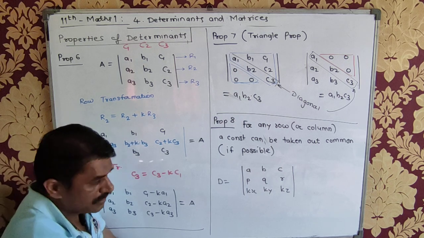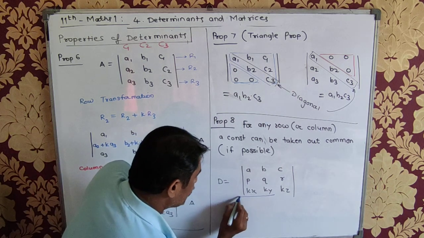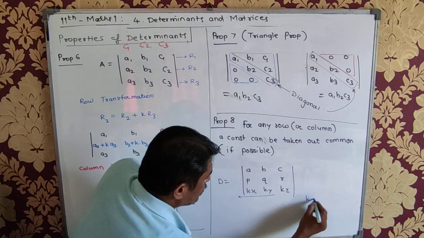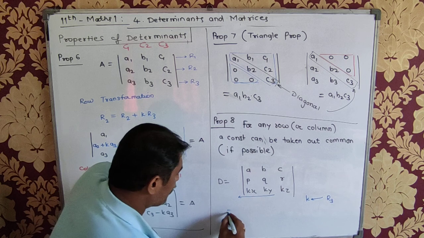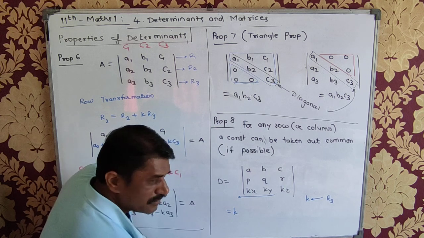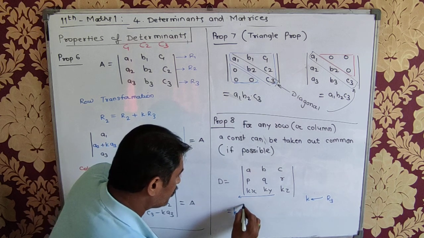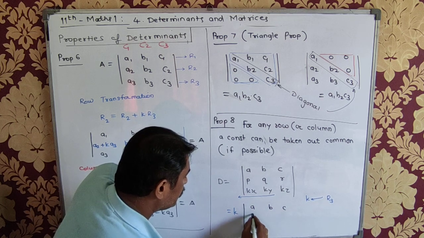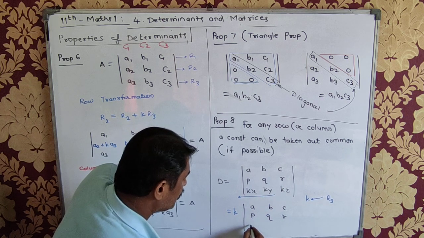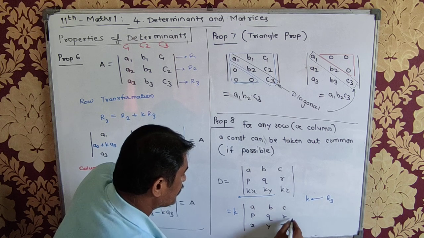Yes. I can take out this constant K. So K is taken out common from row 3, and that K will come outside. So this becomes A, B, C, P, Q, R, X, Y, Z.